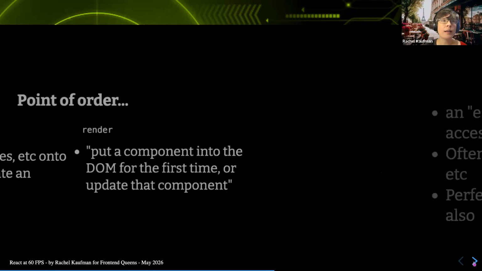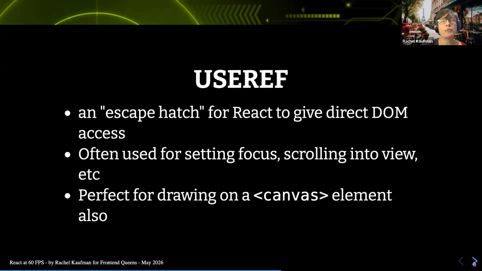All right, so to inject a canvas into React, we are going to take a few extra steps, and the first is to use a ref. Now, this is where the purists might say I'm not actually animating in React, right? I'm animating outside of React by using a ref. I think most people have used refs, but briefly, they are an escape hatch that give you direct access to the DOM elements that React manages. They're typically used for things like setting focus, scrolling to a specific view, and we're going to use it to draw on our canvas element.